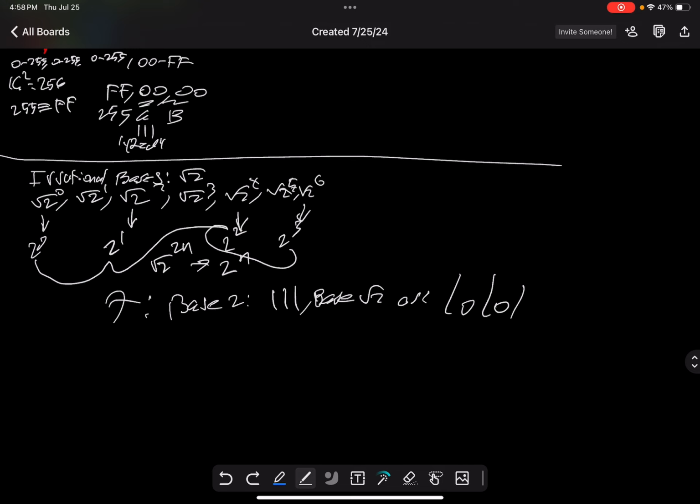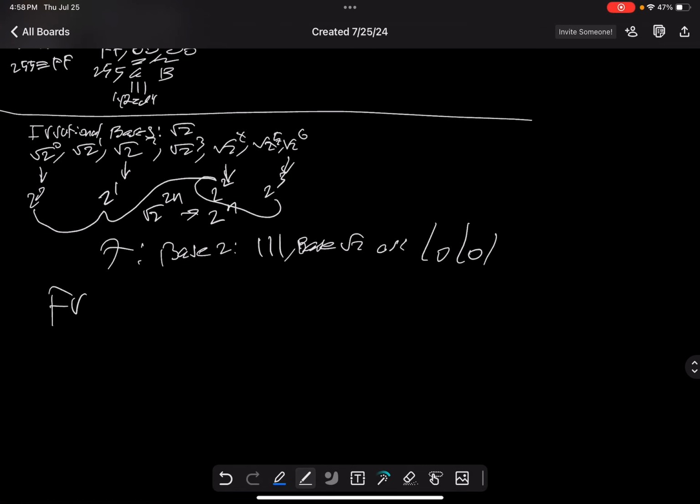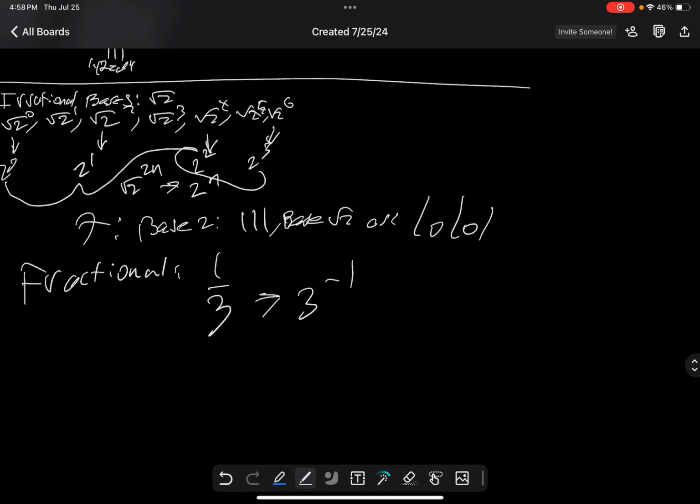So that's cool. And then a quick other one is fractional bases, which is basically, let's say, 1/3. What this actually is, 1/3 is written as 3 to the negative 1. So it's essentially raising 3 to the negative 1 to positive powers.